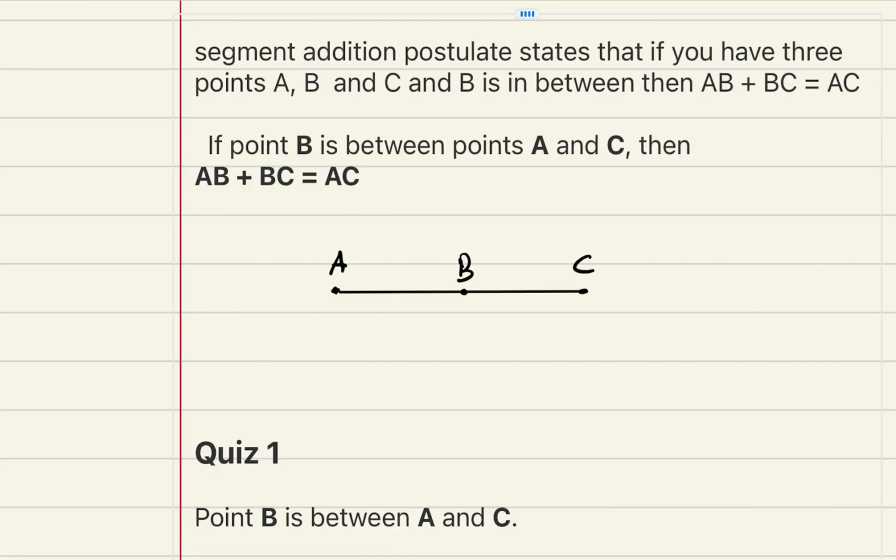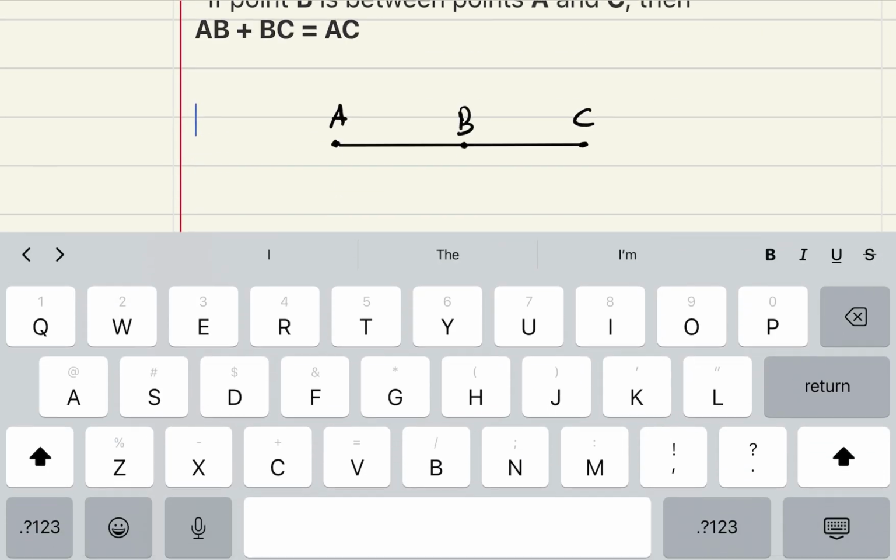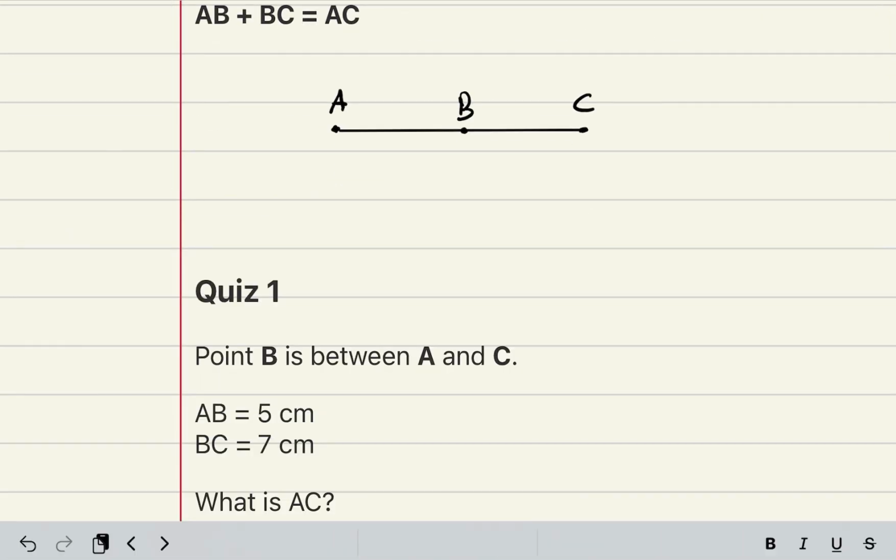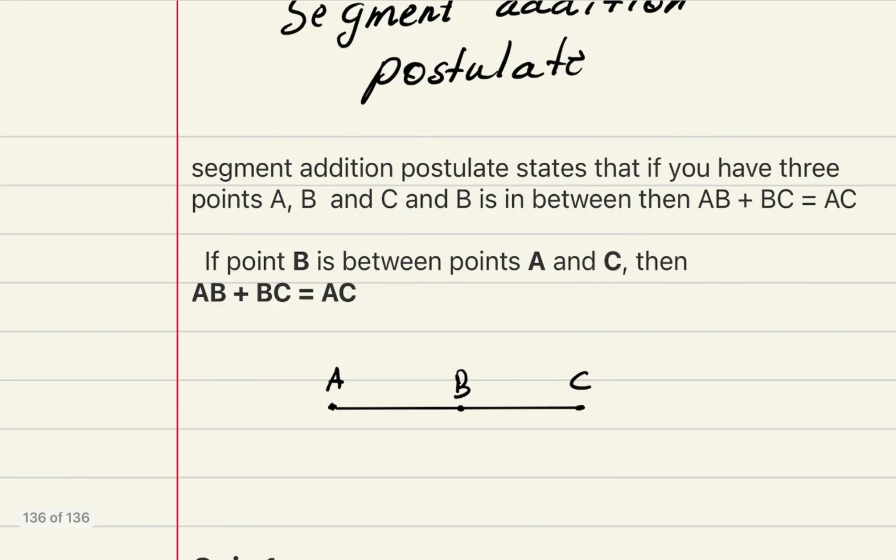Okay. So going back to the definition, it's saying that if you have 3 points, which we have here, A, B, and C, and B is in between, then AB, so this part, AB plus BC is going to equal this whole AC.